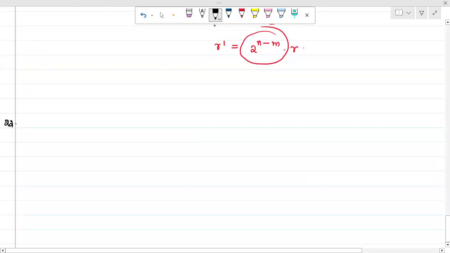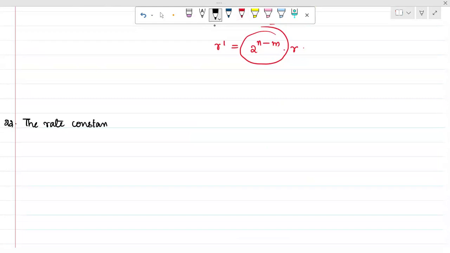Question number 22. The rate constant for 2N2O5 giving 4NO2 plus O2 is 3 into 10 to the power minus 5 per second.